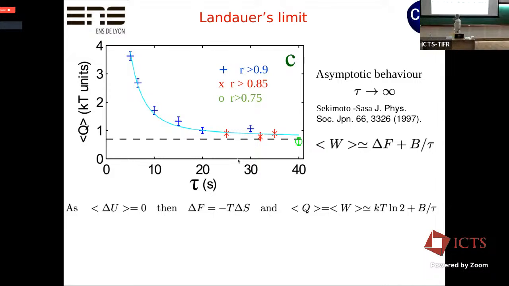And this is actually what is happening here. Because delta U is equal to 0, delta F is only given by T delta S. And then you have to expect that W goes as kT log 2 plus B over tau. And this is exactly what is going on here.